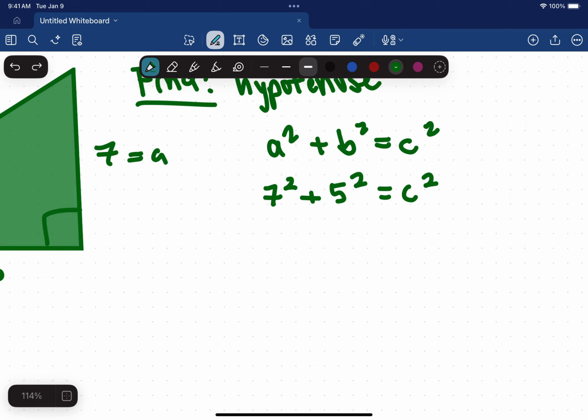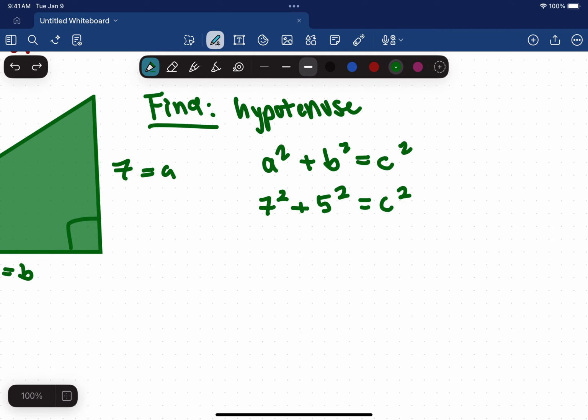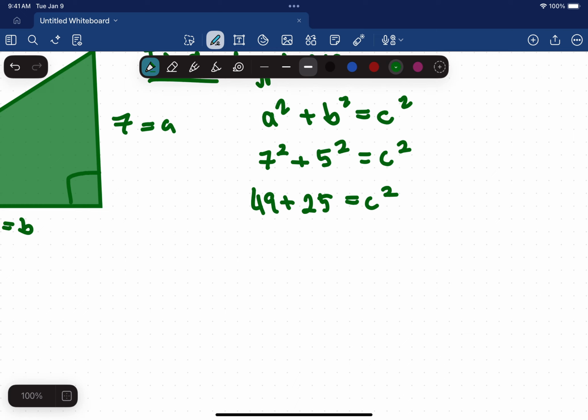Now, just solve it. So 7 squared is 49, plus 5 squared is 25, equals C squared. Combine like terms, so 49 plus 25 is 74. Now we have 74 equals C squared.